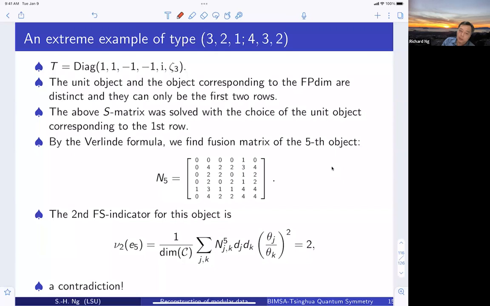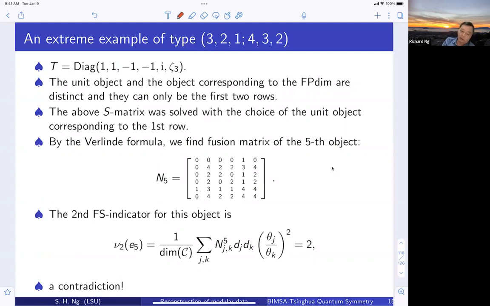This is a very extreme case. It takes a long way to get here to get the indicator 2. But actually, there's some question that, although it is not a modular tensor category, it may form a ribbon category or even a fusion category.